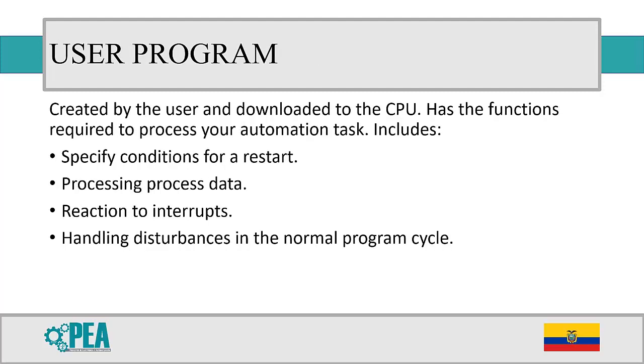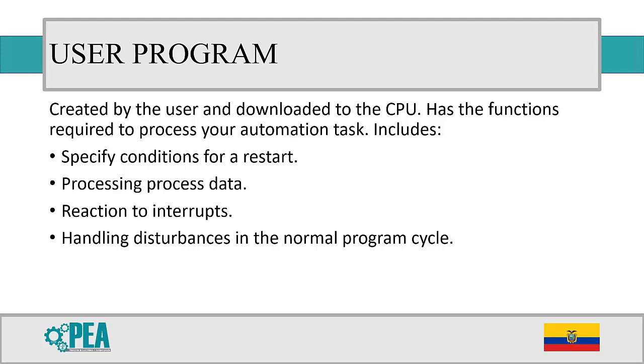Later, we talk about the user program. The user program is created by the user and downloaded to the CPU. This is done by editors. For example, TIA Portal, Step 7, and MicroWin are editors that help to create user programs. This one has the functions required to process your automation task.